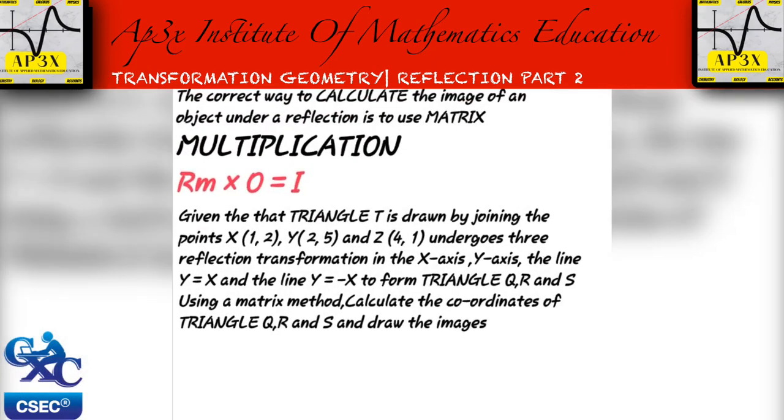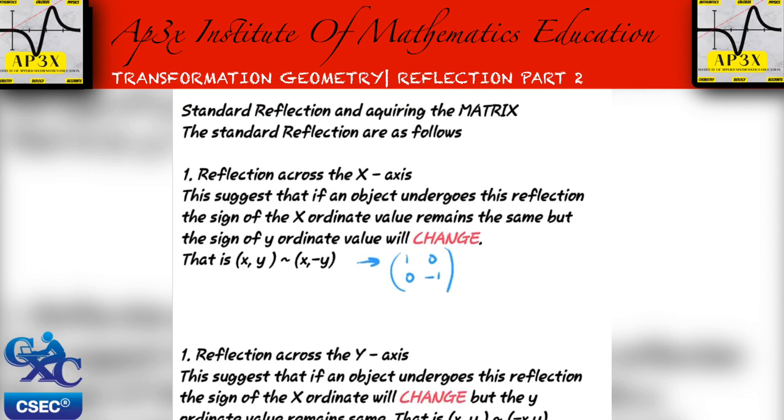We already went through the preliminaries of talking about standard reflections: reflection across the x-axis, reflection across the y-axis, reflection across the line y equals x, and reflection across the line y equals negative x. We looked at the transformation matrix, how to derive the matrix, and the changes that occur after the point of reflection.